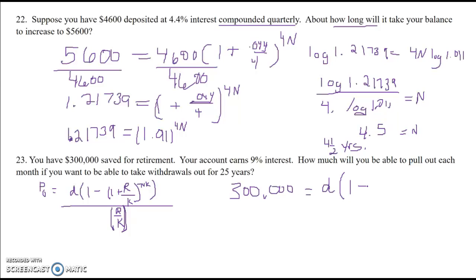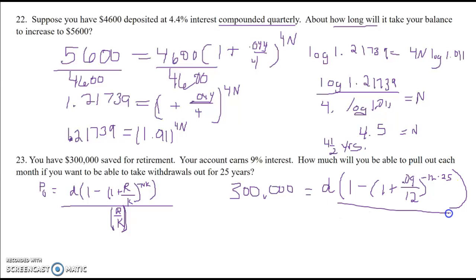So 1 minus 1 plus 0.09 over 12 because 12 is the number of times that we're going to take money out. So we're going to take money out monthly. And all of that is raised to the negative 12 times 25.